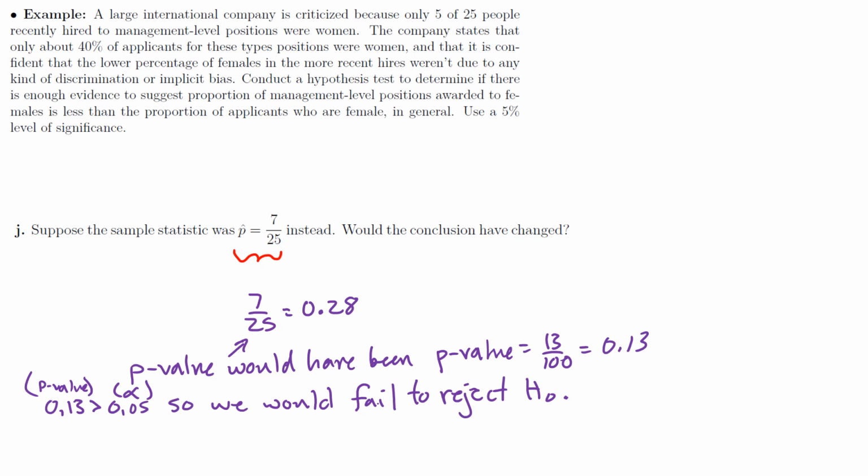In fact, our system is set up so that even if you suspect that they are guilty, but you judge that the evidence is not compelling enough beyond a reasonable doubt to say they're guilty, then you don't say that they're innocent, you just say that there's not enough evidence to find them guilty. So just like a juror can't necessarily conclude at the end that they know the person's innocent, rather they're saying there's not enough evidence to say they're guilty. So that's why we're either going to say reject the null, or we're going to say we fail to reject the null hypothesis.